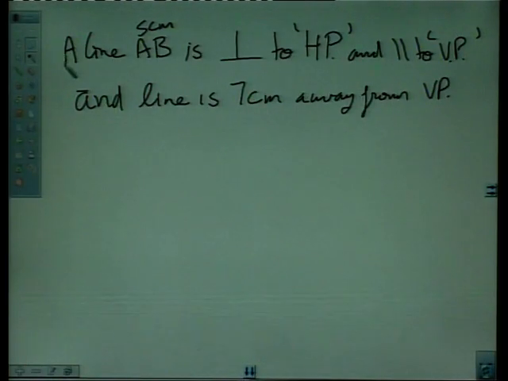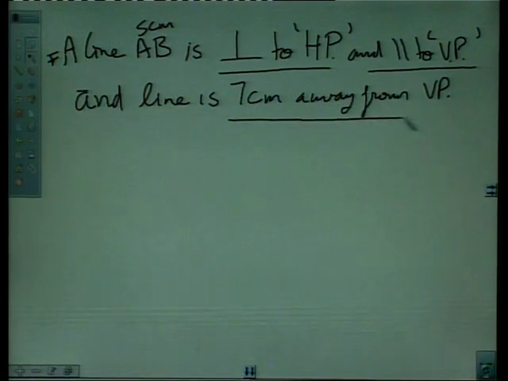Say these are the complete conditions. Before starting to solve the question, read the statement once or twice till you understand it completely. A line AB 5 centimeter long is perpendicular to horizontal plane. This is one condition. And parallel to vertical plane. This is second condition. And third condition is, line is 7 centimeter away from vertical plane. So you have to satisfy all these three conditions.